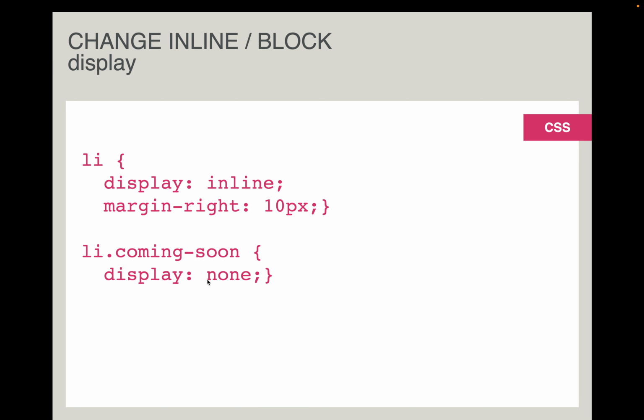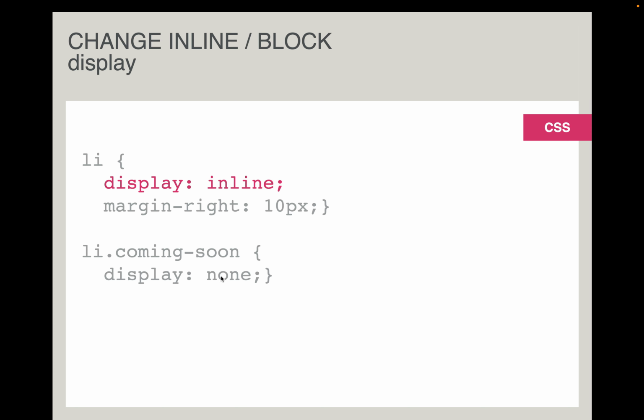Perhaps more significantly, you can set display to be none. And if you set display none, then that element will just go away as if it weren't in the HTML. Sometimes that's useful. It's actually probably the way that, if you've ever seen a drop-down menu, you know those drop-down menus where you hover over a menu and then another menu pops up.